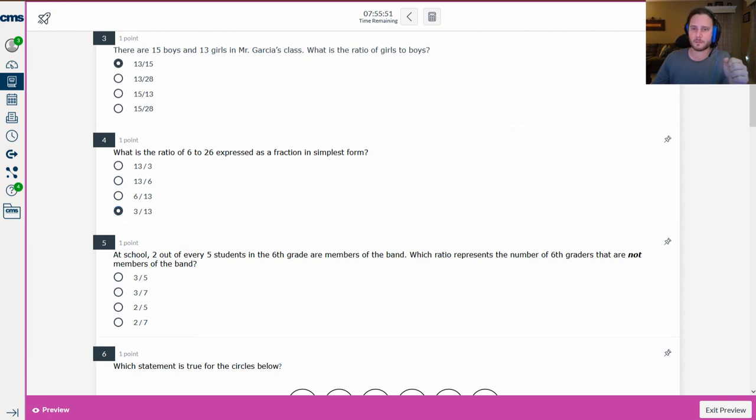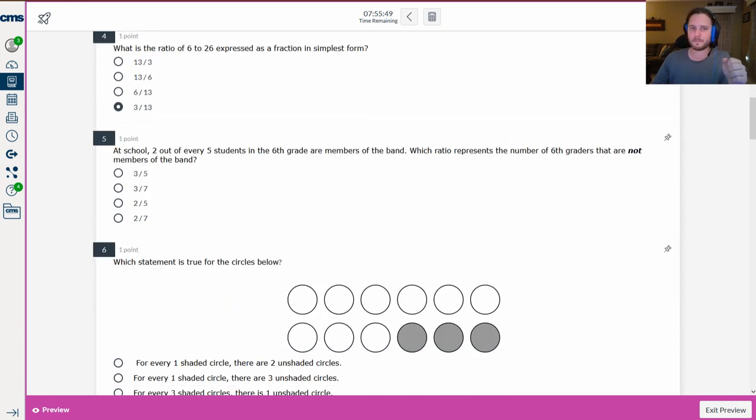Alright, let's move on to number 5. So for number 5, it says at a school 2 out of every 5 students in the 6th grade are in band. And it asks which ratio represents the number of 6th graders that are not members of the band. We've got 2 out of 5 students are in the band.